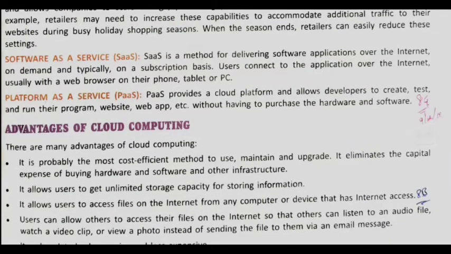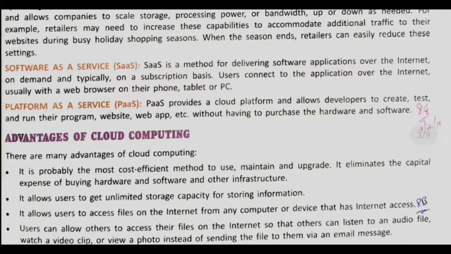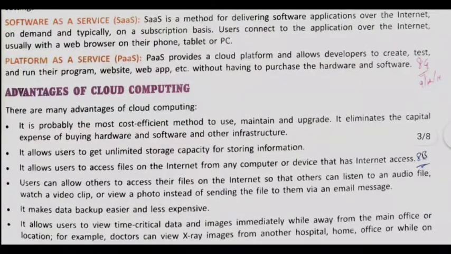Then we have software as a service, SaaS. Software as a service means delivering the software application over the internet. On a subscription basis, you can deliver the software, and users can connect to the application with the help of the internet or a web browser using their mobile phone, tablet or computer. Then we have platform as a service, PaaS.